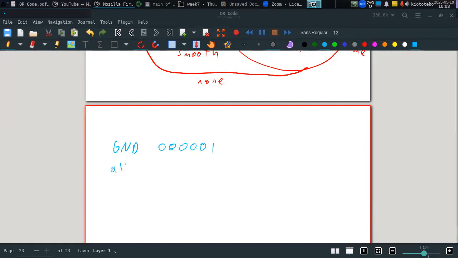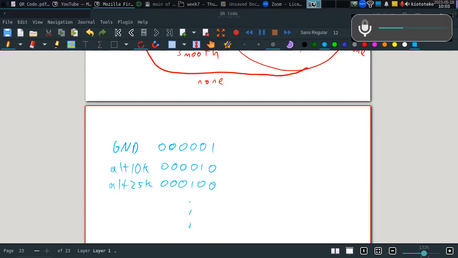For the alt 10K, we have 0, 0, 0, 0, 1, 0. Alt 25K, we have 0, 0, 0, 1, 0, 0, and like that, no? And that is because they are telling us to use one hot encoding, no? We could use binary, but that's not what they're telling us, no?